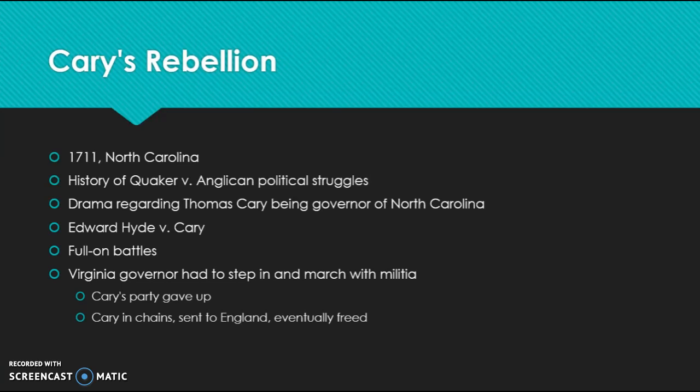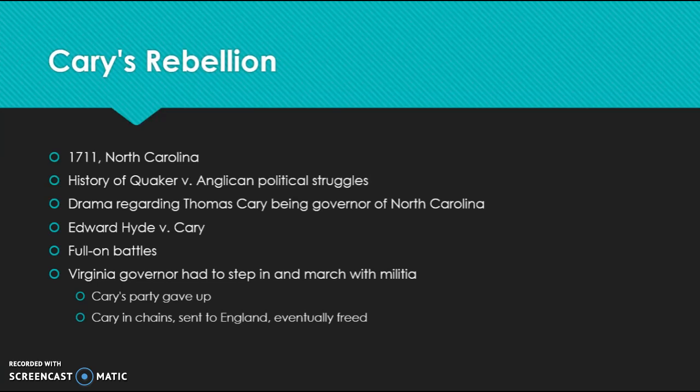And so that was eventually what broke things up. Carey's followers left after hearing the militia was coming, and Carey was sent back to England in chains. He was eventually freed, so he didn't get much of a punishment, but he was temporarily imprisoned. Again, super exciting. I'd love to see a movie with cannons on sailboats.